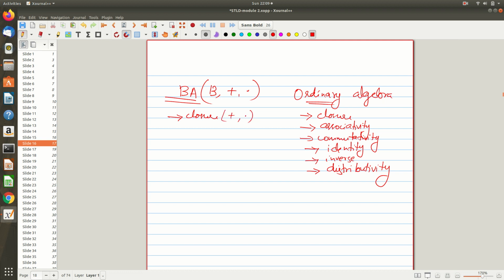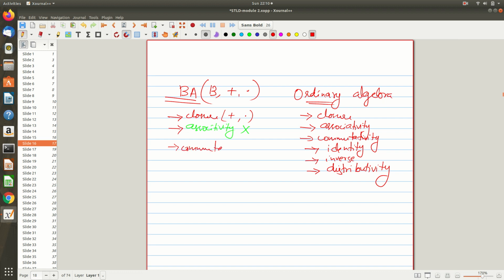So both should satisfy the first requirement. Now another requirement: what about associativity? You can see that here they are not talking about associativity. So this associativity is not here in Boolean algebra, right? Now what about commutativity? We saw it, right?